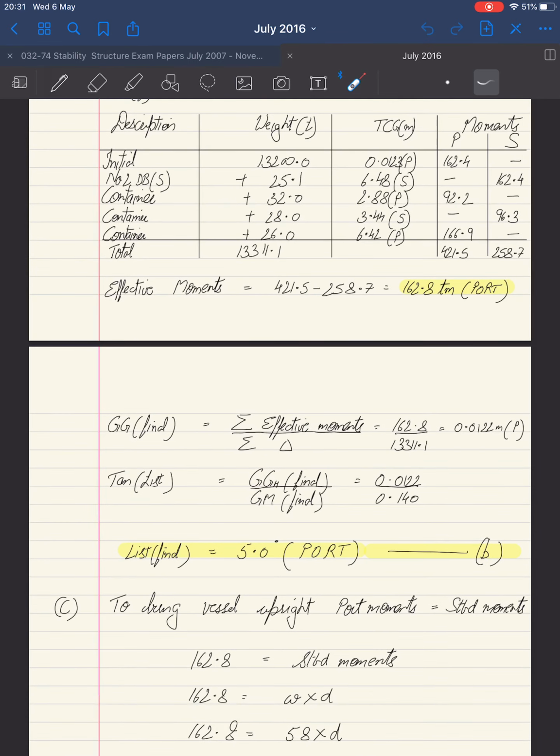We get a final list of 5 degrees to port. The direction is important because we had the listing moments to the port side and the listing lever was also port side, so the final list will also be towards port. So this is our final answer for part B.